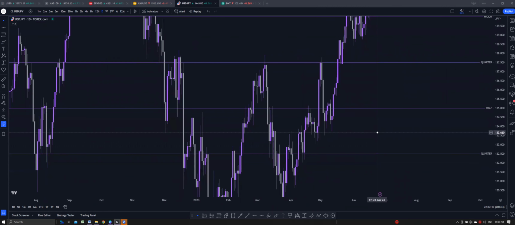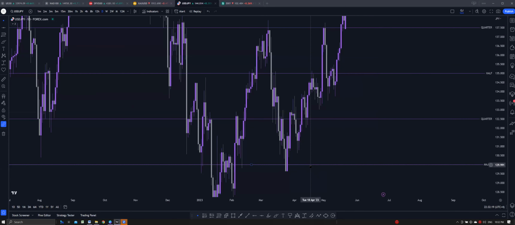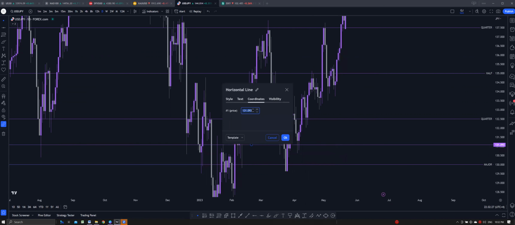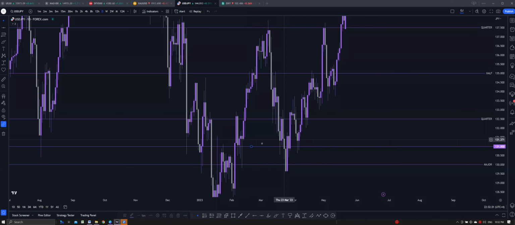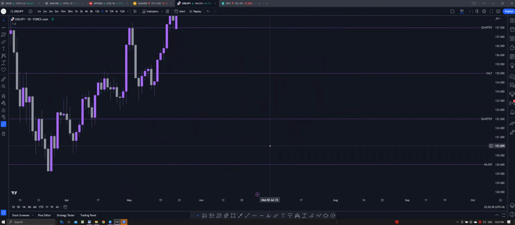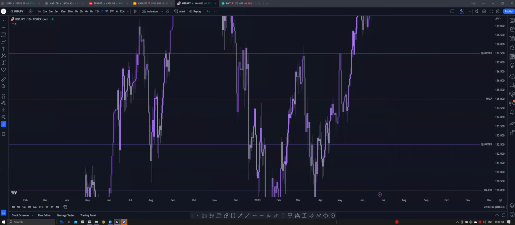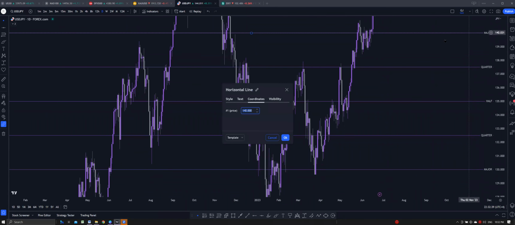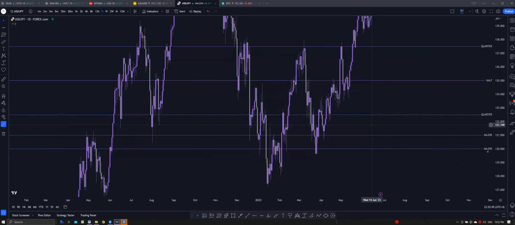And a 100 pip range would be, let's start with this major point there at 130, and we'll take a 100 pip range from there, which would be at 131. 131 is a 100 pip range. Actually, let me just move this point here once. So those are your two major areas, right?